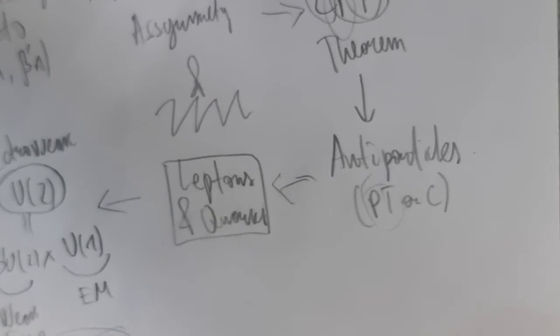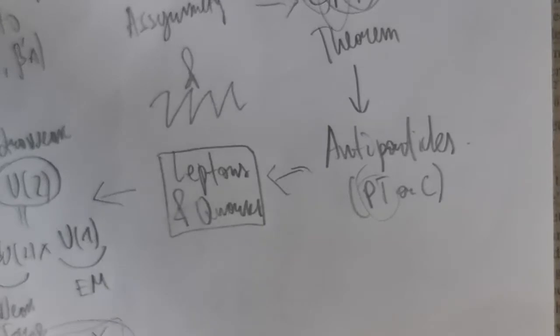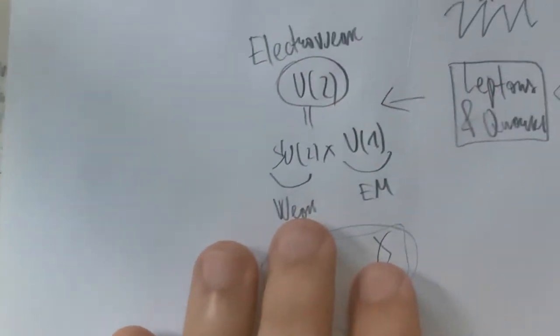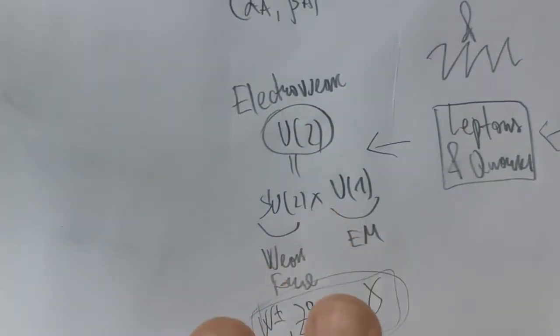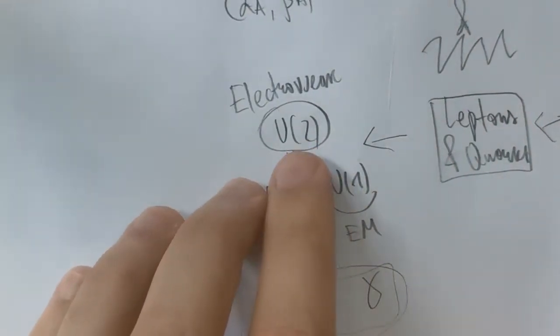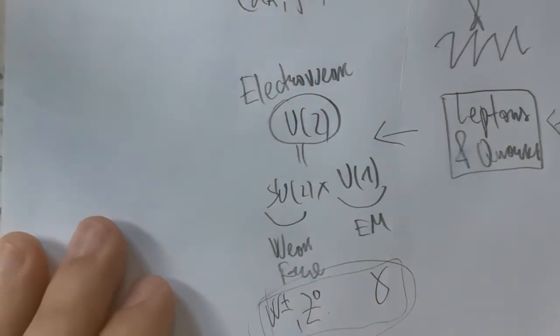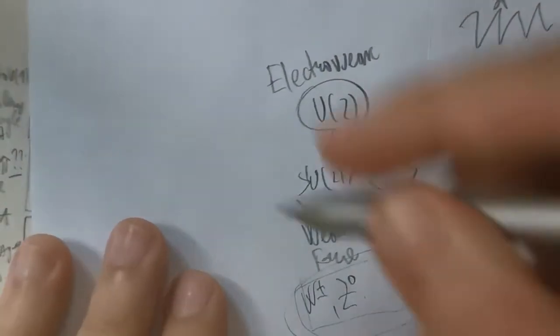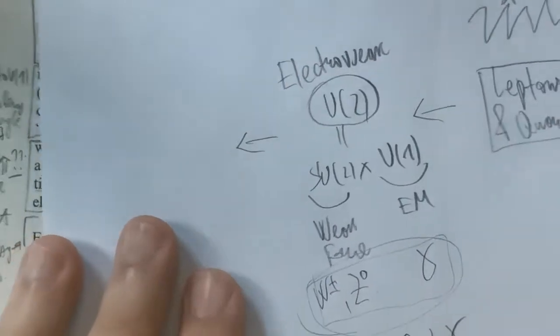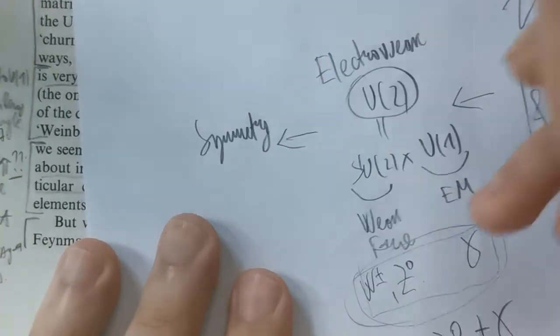That's a tricky concept, but the conventional view is that this big U2 symmetry was true only a small amount of time after the Big Bang, and afterwards it was ruined, which is called spontaneous symmetry breaking. I will just call it symmetry breaking.